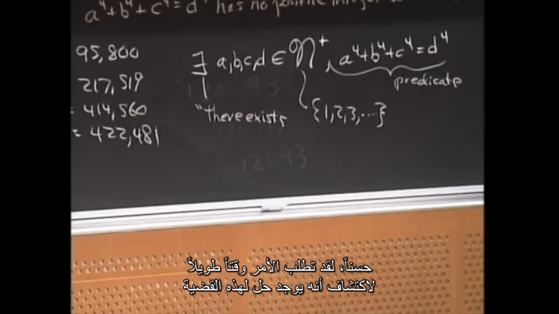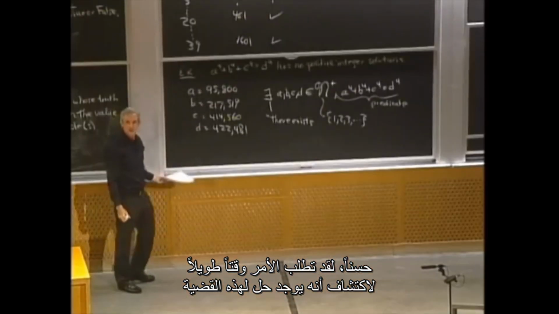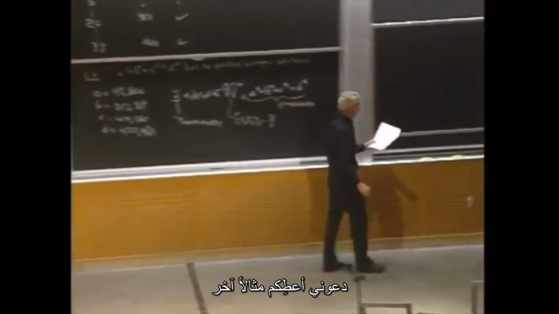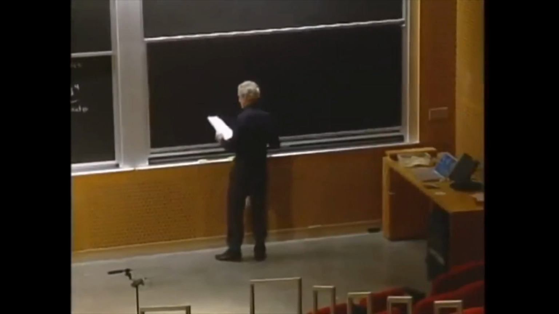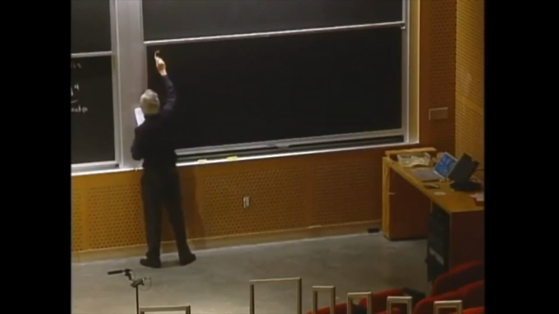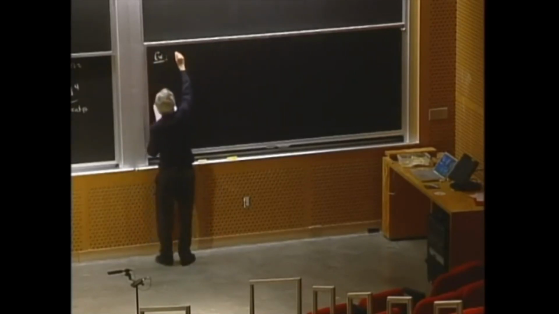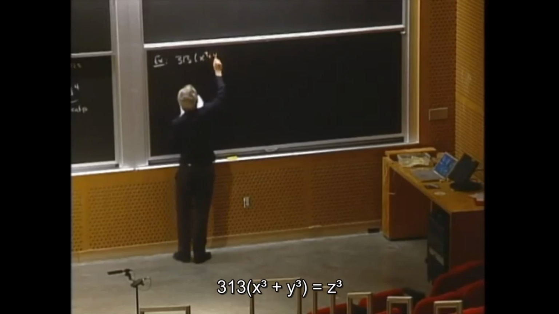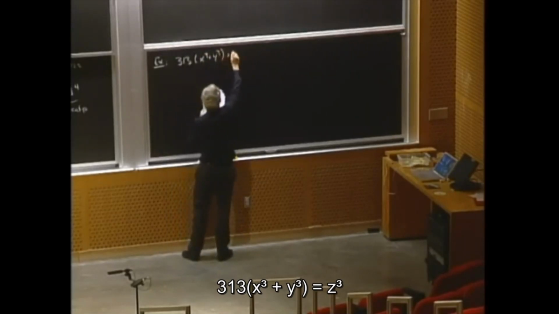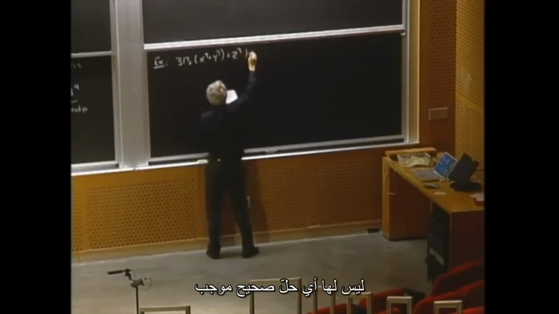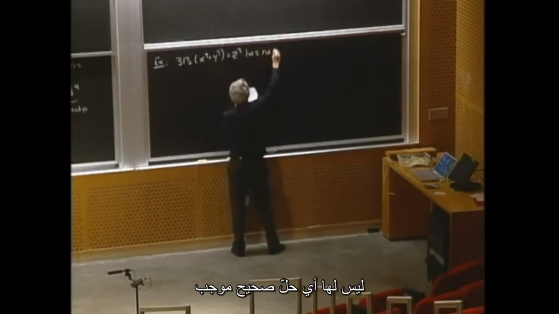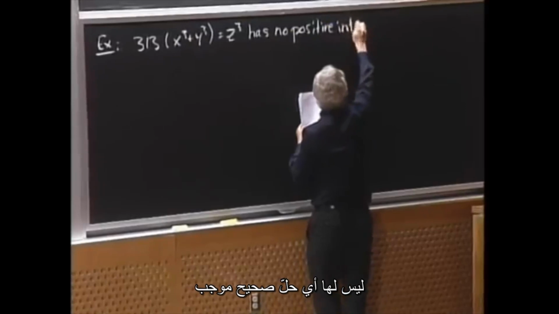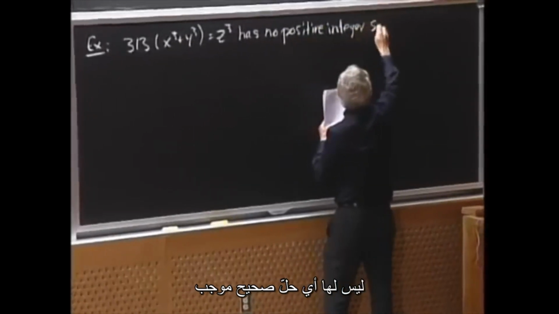All right, it took a long time to figure out that actually there was a solution here. Obviously, everything they tried till that time failed. Let me give you another one. 313 times x cubed plus y cubed equals z cubed has no positive integer solutions.